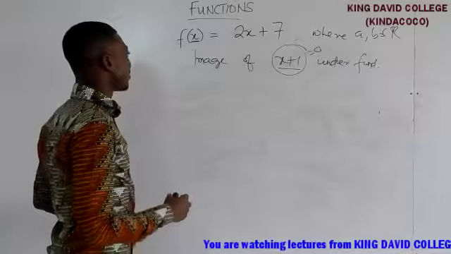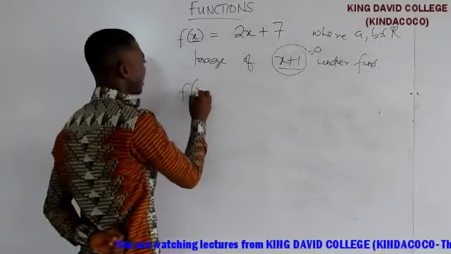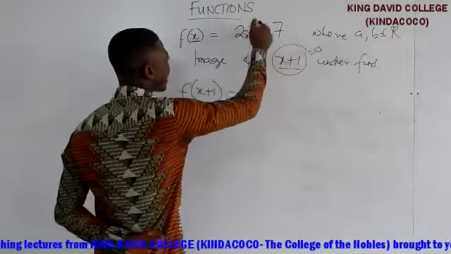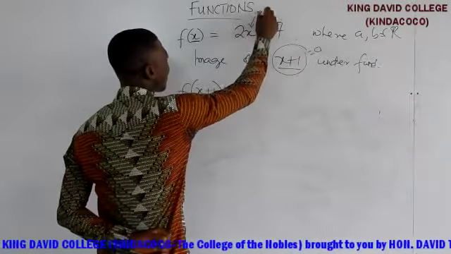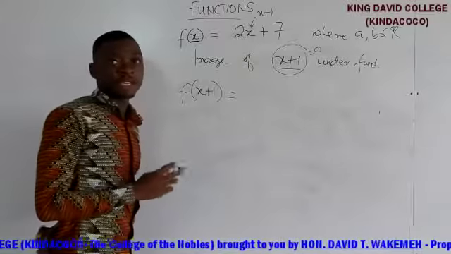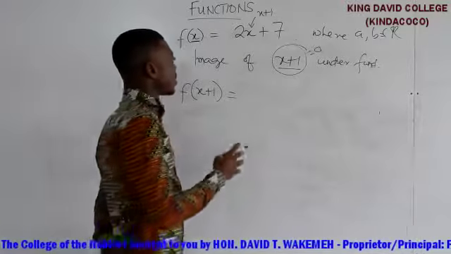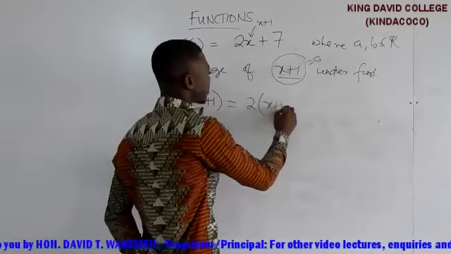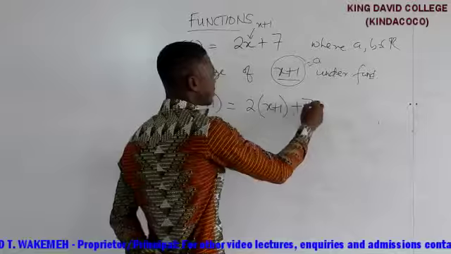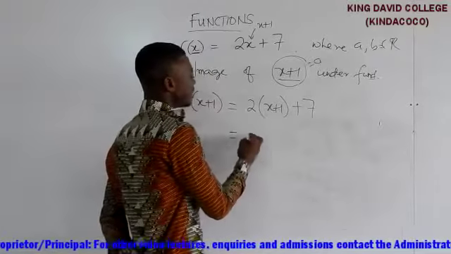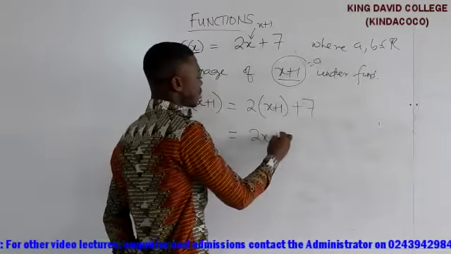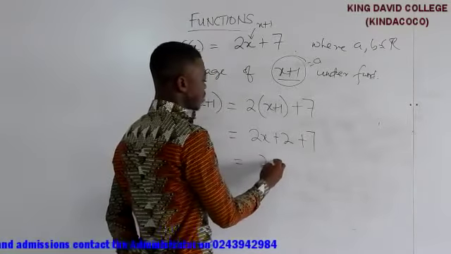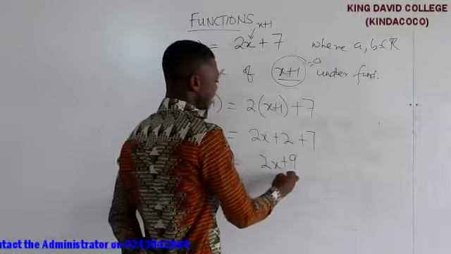So my f of x plus 1 is just going to be this expression, just that every x will be replaced by x plus 1. So it will be 2 multiplied by x plus 1, plus 7. Then it will be 2x plus 2 plus 7. And so your answer is going to be 2x plus 9. And that is all.